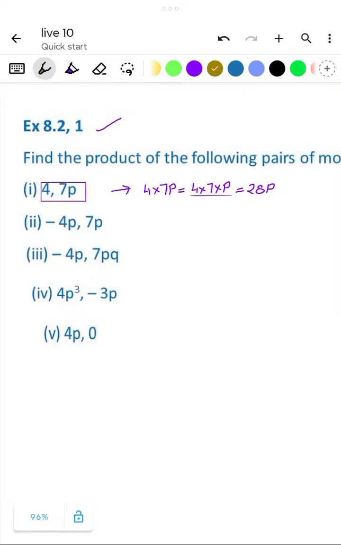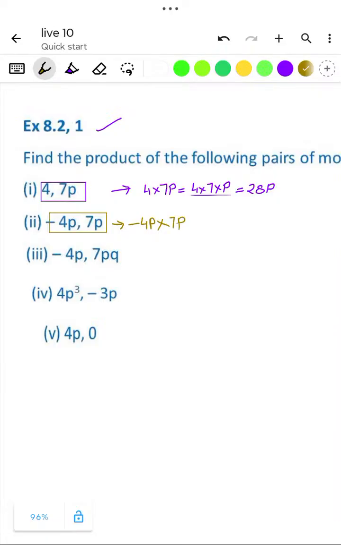The second question is negative 4p and 7p. So this can be written as negative 4p times 7p, and we have to multiply both. This can be written as negative 4 times p times 7 times p.